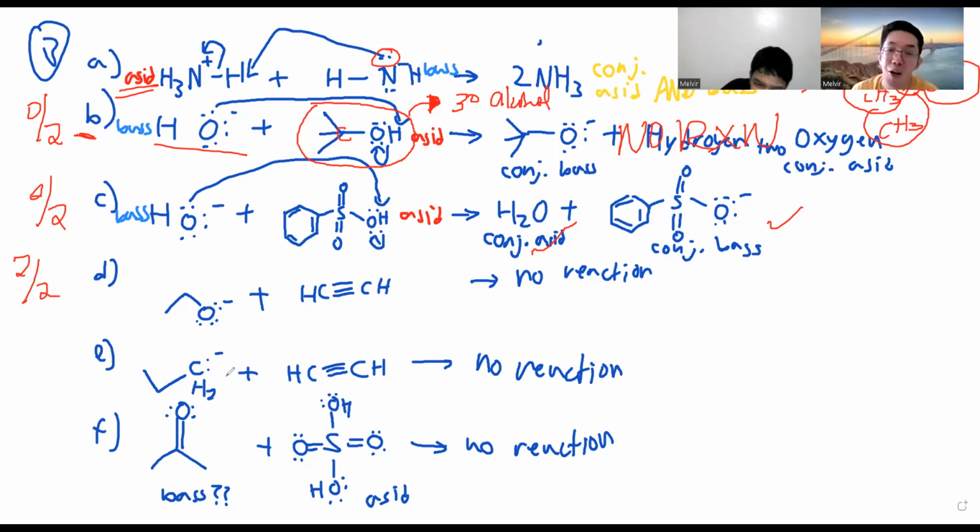Nabigyan na kita ng 2 out of 2 pero burahin mo muna. Kasi tama ka, no reaction yan. That's a no reaction. Just try it. Which one is the acid, which one is the base? Kasi yung ethyne, mas marami siyang electrons.